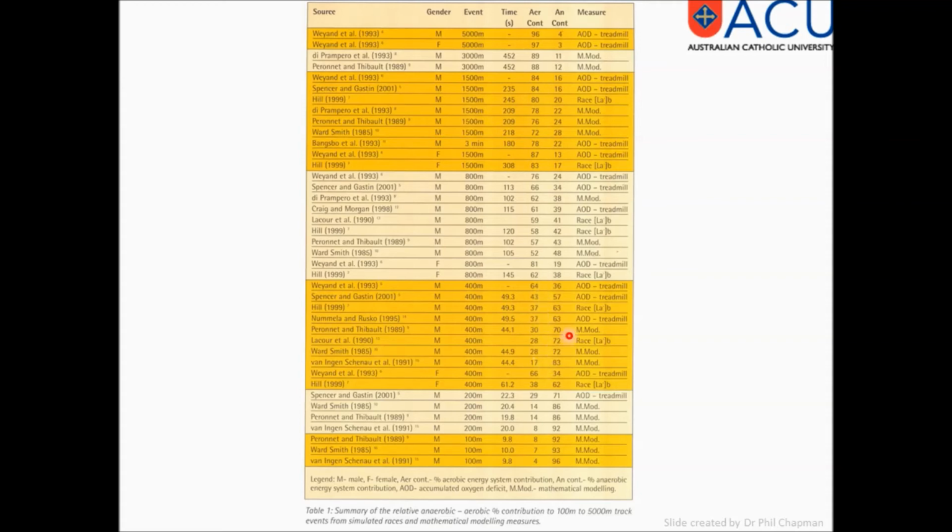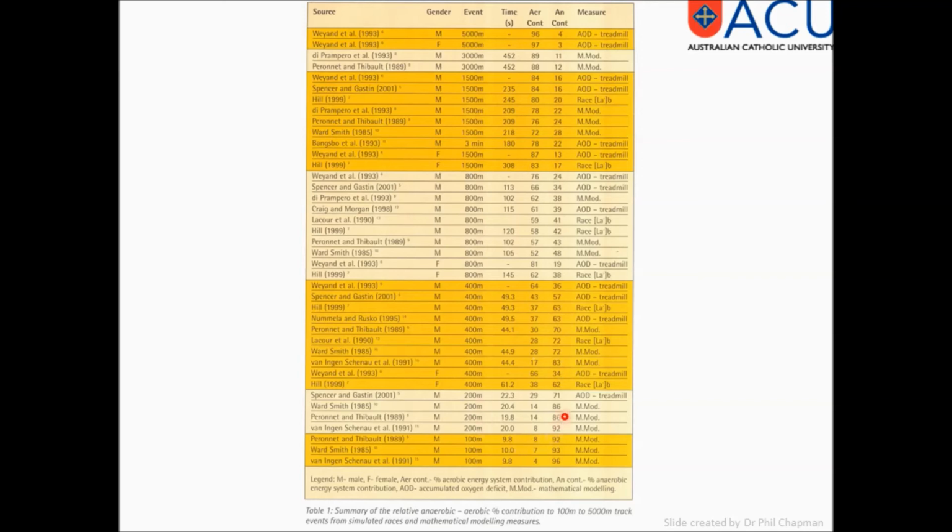Now the 400 meters starts to move more into the anaerobic range. So probably around 500-600 meters, if we had one there, would be around 50-50 in terms of aerobic anaerobic contribution. The 400 meters, while we're down, it's now predominantly anaerobic contribution, around 60-70%.